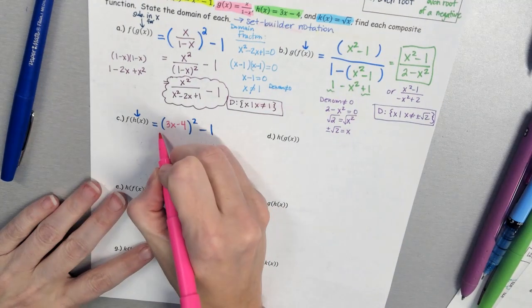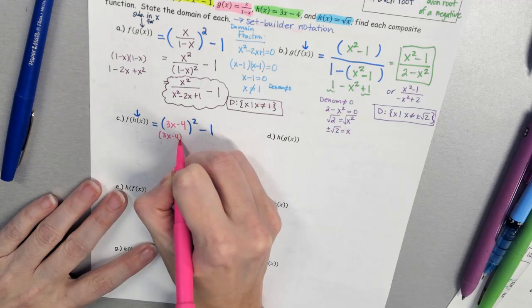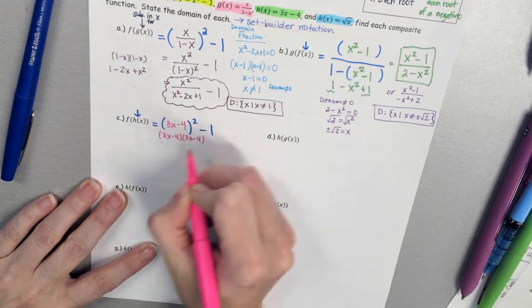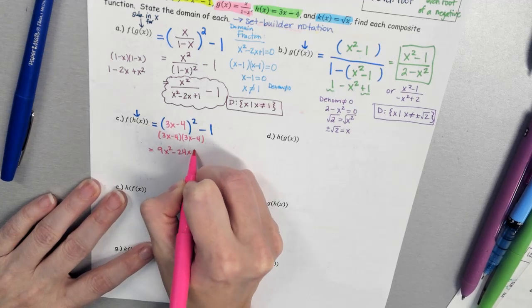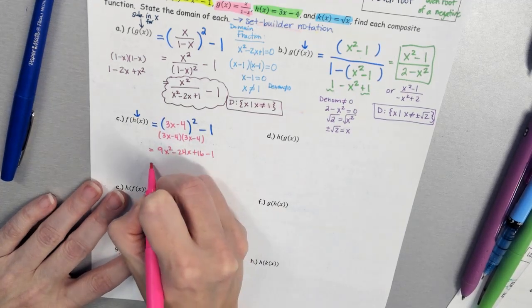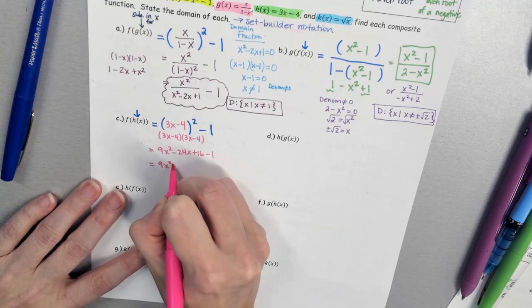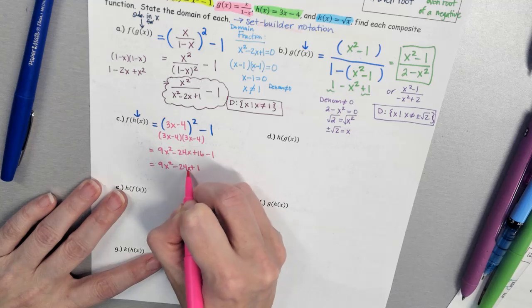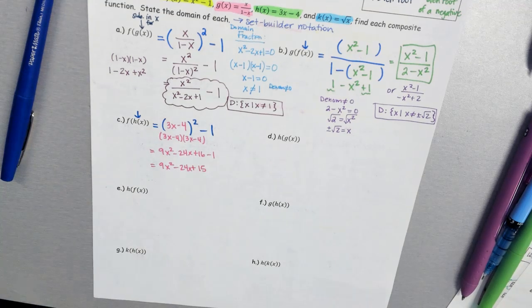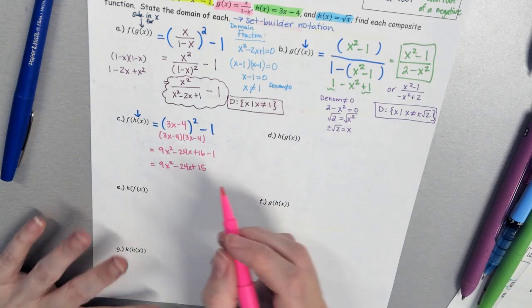Then you're just going to FOIL this. So you have 9x squared minus 24x plus 16 minus 1. Were you guys able to get that set up okay? And then you just combine your like terms.